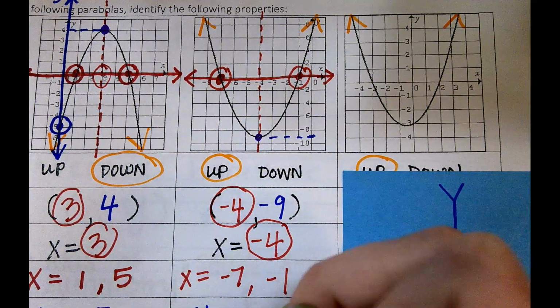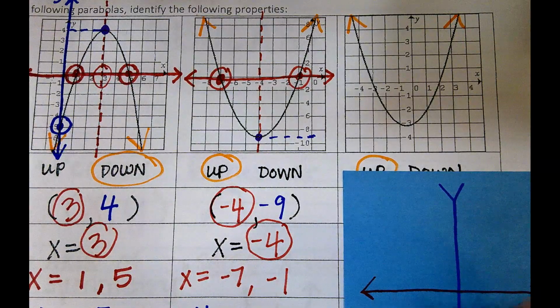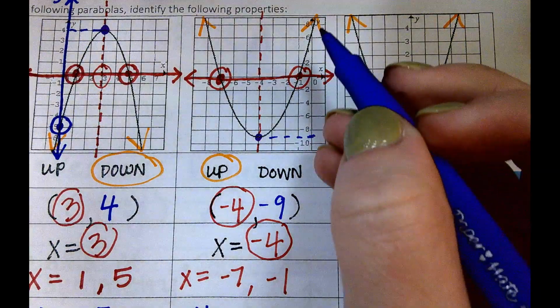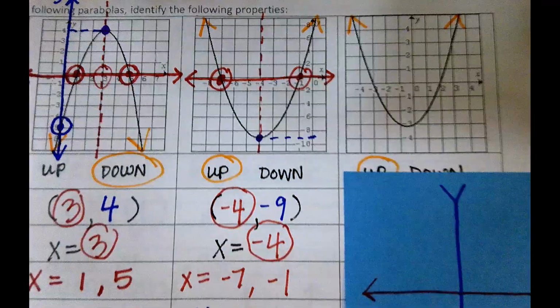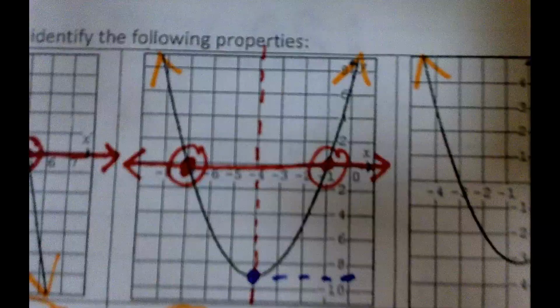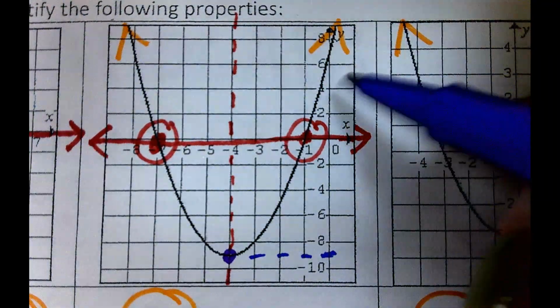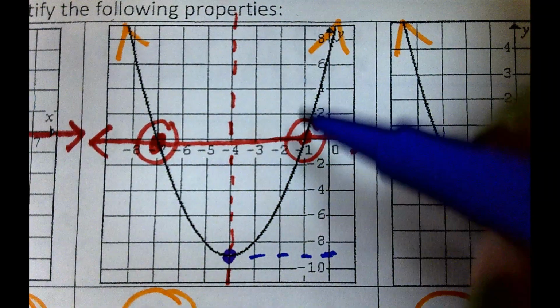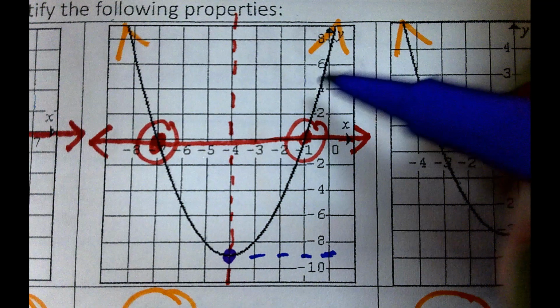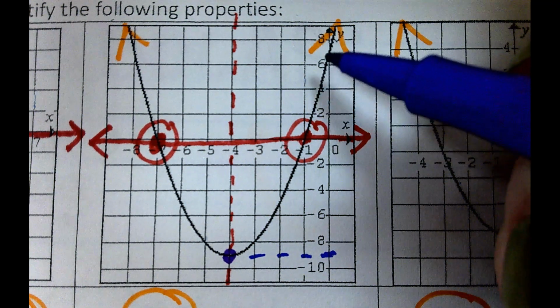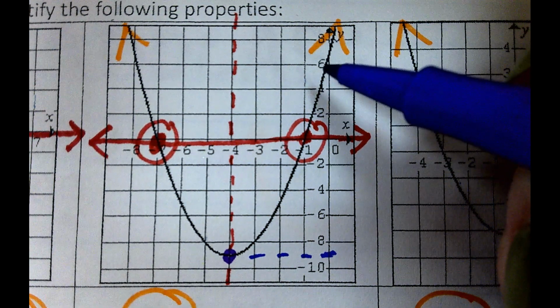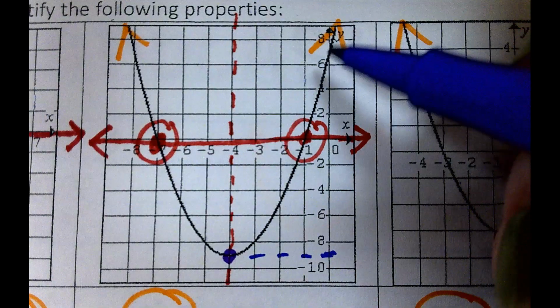It's not exactly touching the 6 or 8. Right here, you debating the y-intercept? Okay, so let's zoom in real close. Again, I won't give you one that's tricky like this, but for the sake of this problem, it's not quite touching 6. It's not quite touching 8.